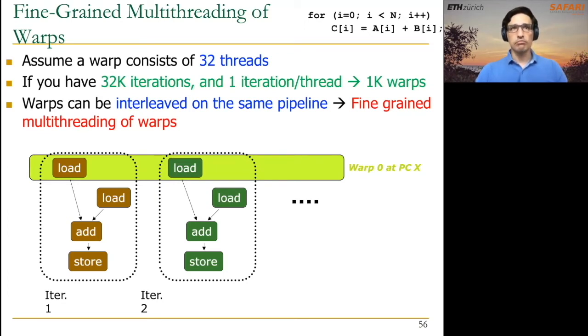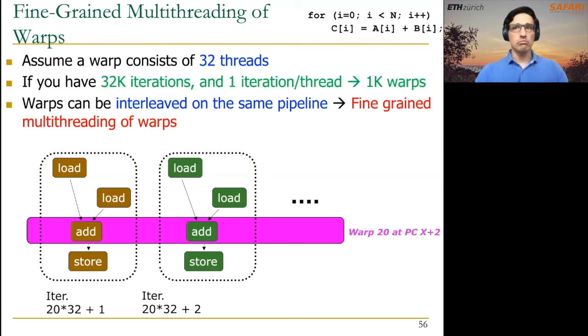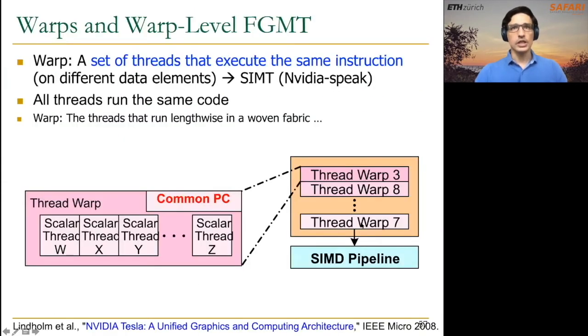At this time in the execution, we issue this load instruction for warp 0, and then we may issue the same load instruction for warp 1, and then maybe this add instruction for a completely different warp, warp 20 in this case.